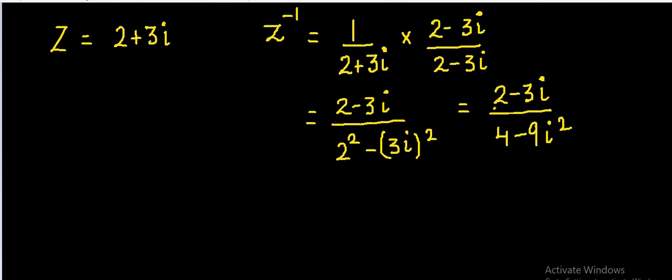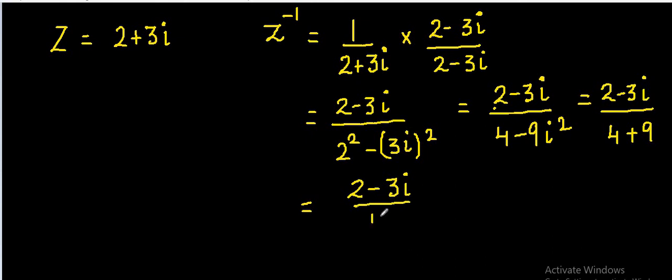So 2 square minus 3 iota whole square gives us 4 minus 9 iota square. Now what is iota square? Iota square is minus 1. So this gives us 2 minus 3 iota divided by 4 plus 9, because minus into minus becomes plus. So our answer comes out to be 2 minus 3 iota whole divided by 13. In order to write it into the standard form, we will separate them and write it as 2 by 13 and minus 3 iota by 13.